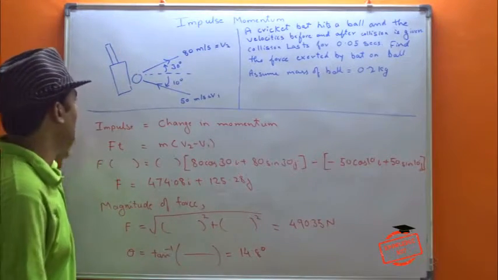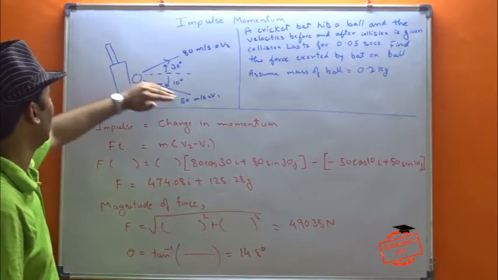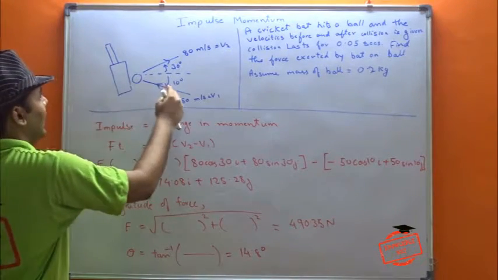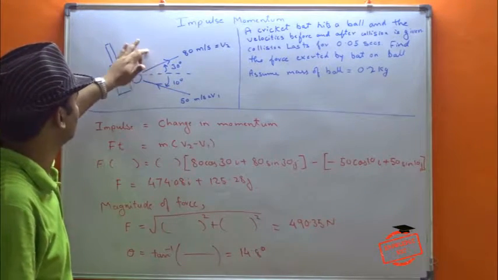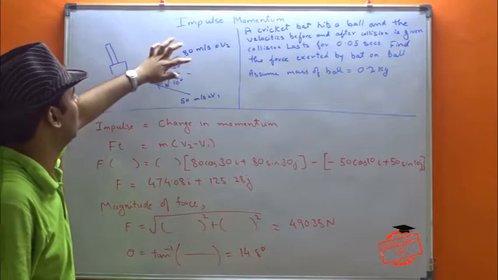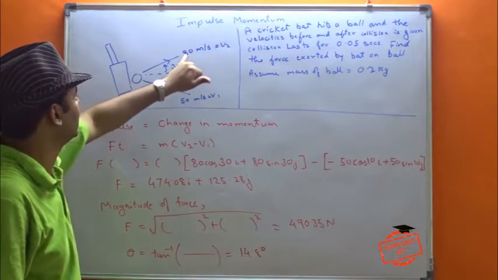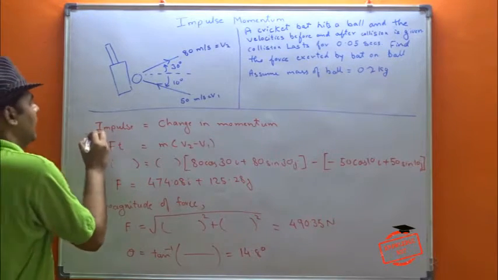So now, this is the diagram that is given to us in the question. This is the bat, the ball coming and hitting the bat at an angle of 10 degrees, and after hitting it goes with an angle of 30 degrees. The velocity before collision is 50 and after collision is 80 meters per second. So now, this is the basic formula.